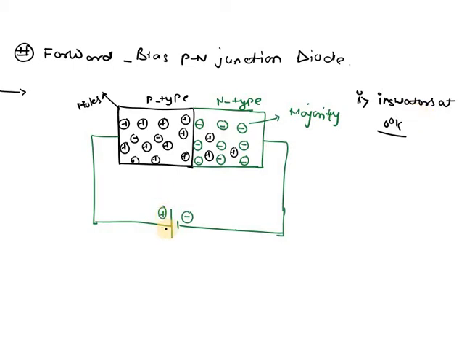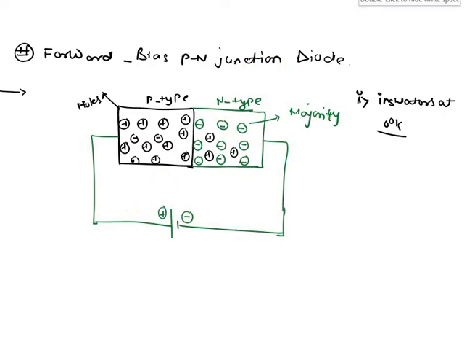Now when we go on increasing the voltage, what happens? These holes will repel each other because both are positively charged, whereas these are negative electrons and this is the negative terminal, so again they will repel each other. So how does the working principle actually take place?